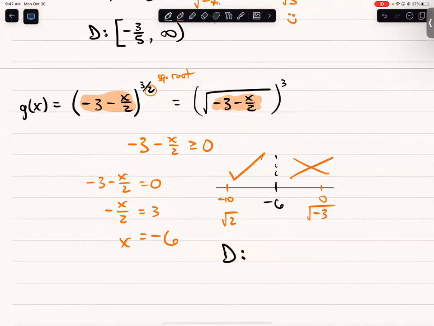So what's the domain then? -infinity to -6. That reflection turns the thing around, so it goes the other way.